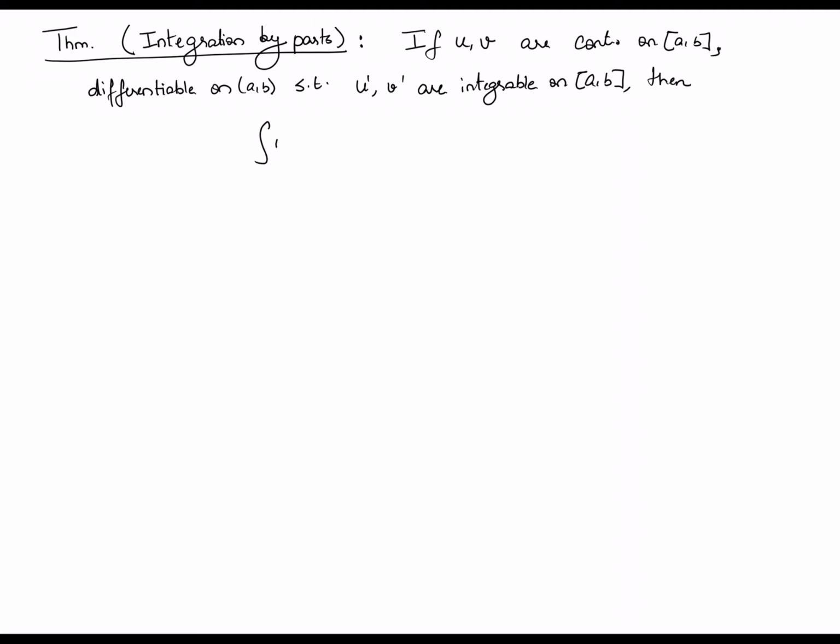Look at the integral of u v prime from a to b plus the integral of u prime v from a to b. This is in fact equal to u(b) v(b) minus u(a) v(a).